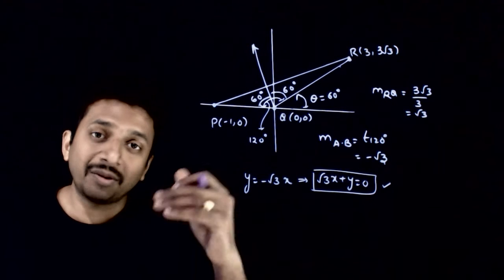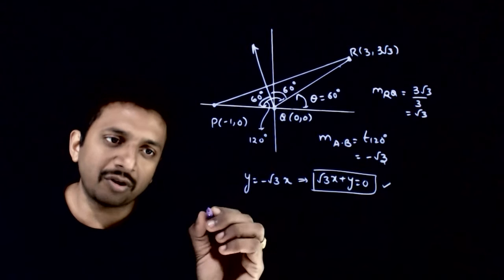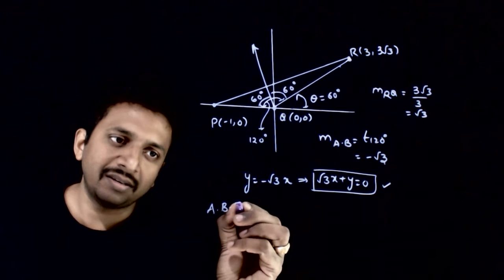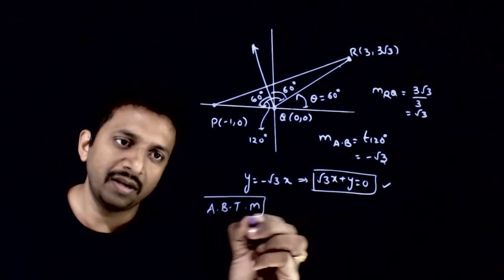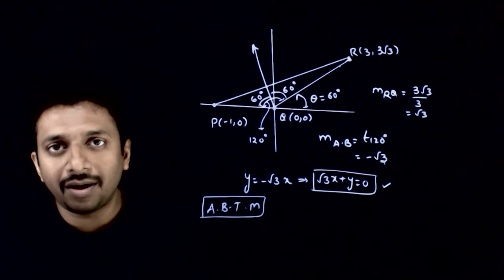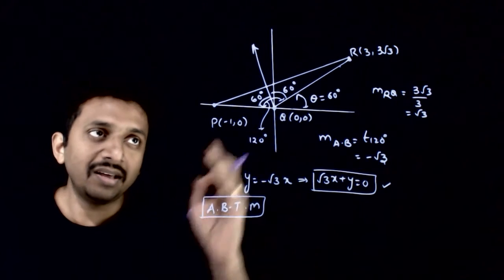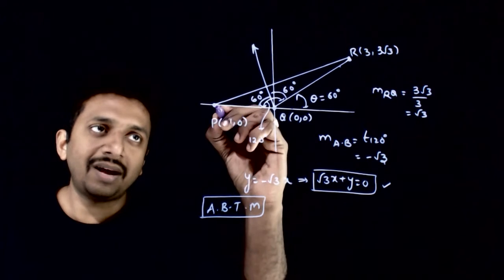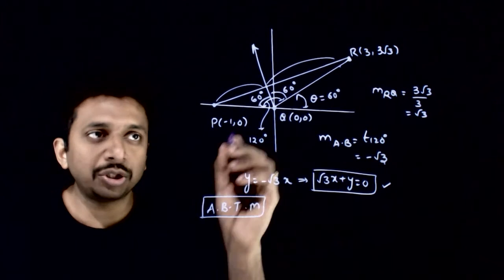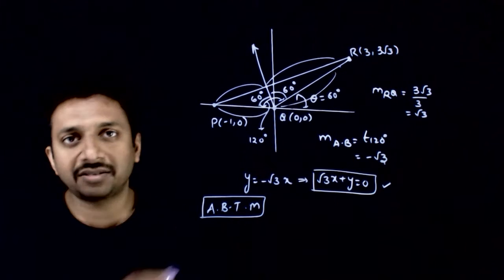So in that case, there is another method which can be used, which is called the angle bisector theorem method. What does this method say? The angle bisector divides the opposite side in the ratio of adjacent sides.